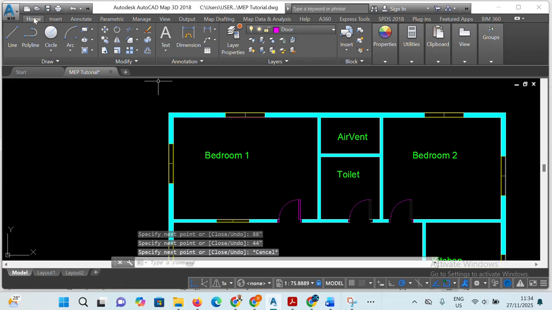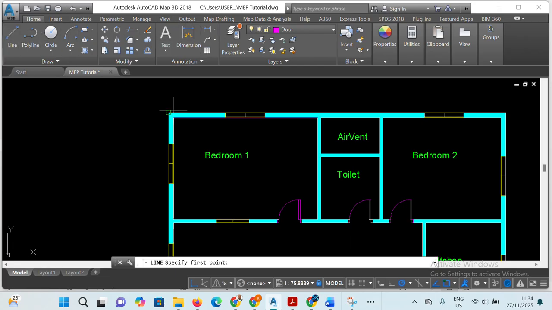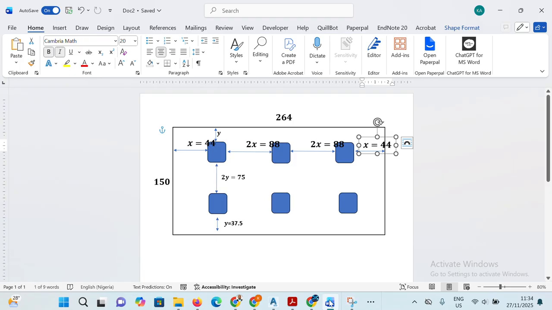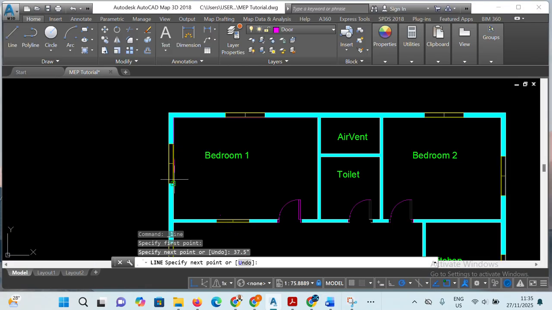Now we go to the vertical one, click the line, and click the vertical line here. Move the cursor along the straight line, and the first one is 37.5 inches. Then the next one along the line is 37.5 multiplied by 2, that's 75.